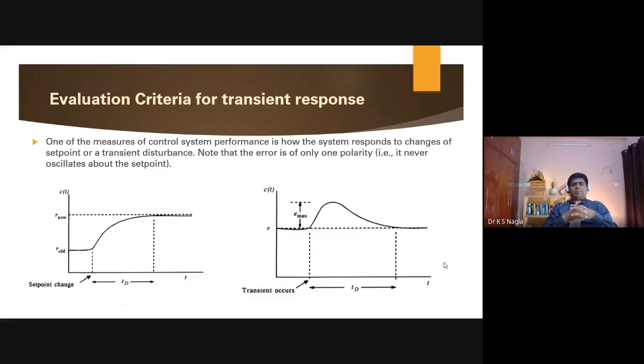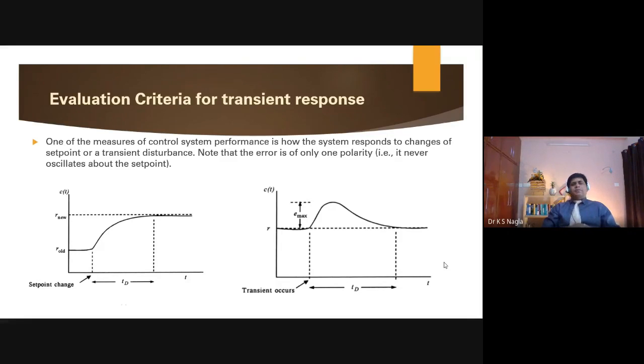If you give some type of signal, it may be a step signal, it may be a ramp signal. Your system will behave to these signals in its own manner, and in that case you have to evaluate the response of the system which you have designed for the control.